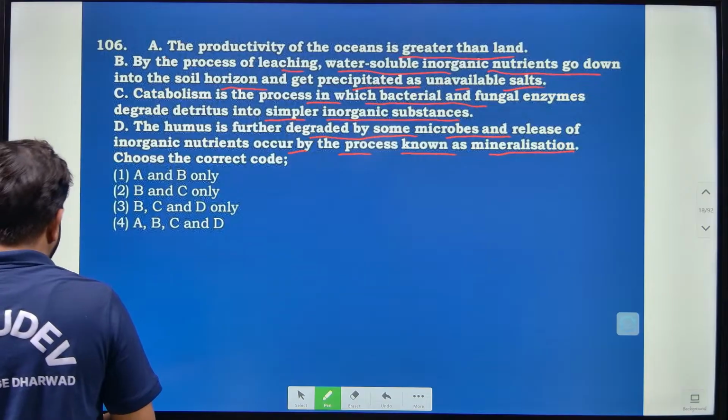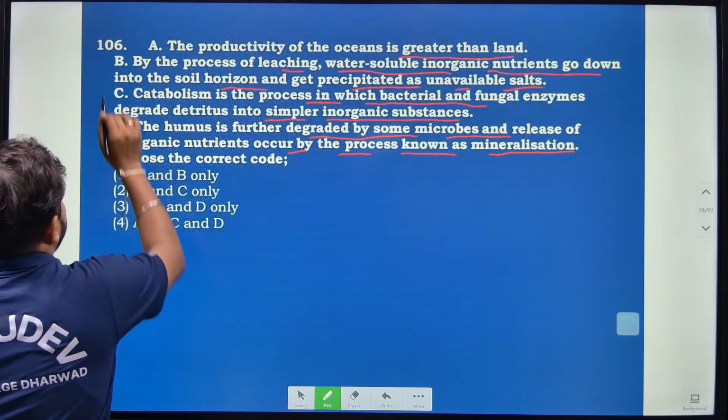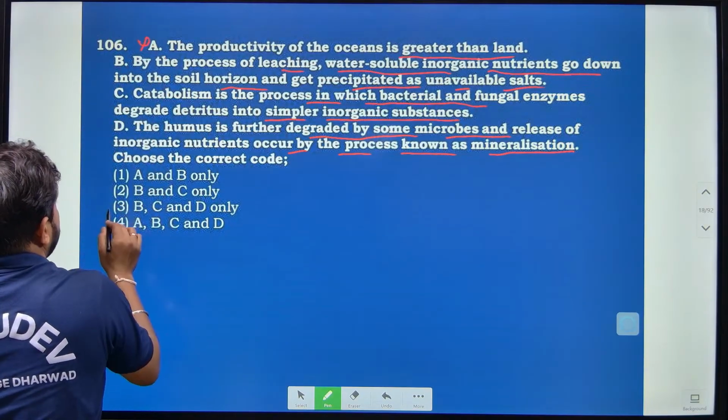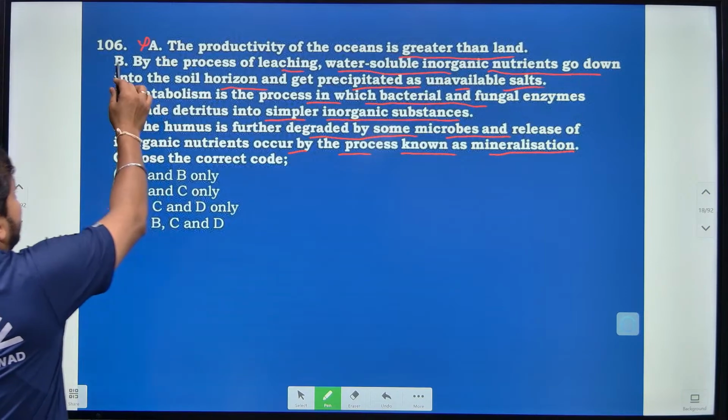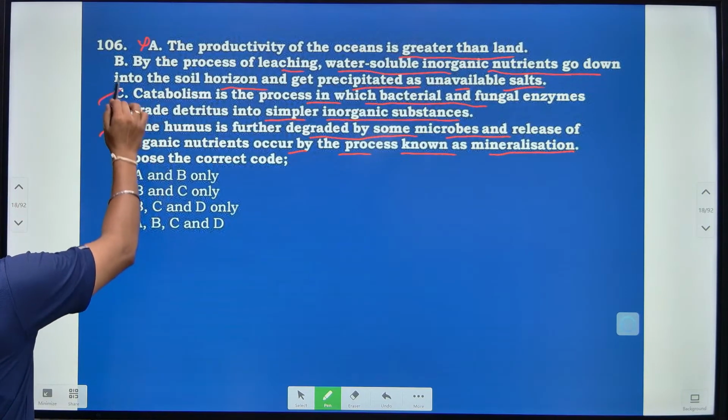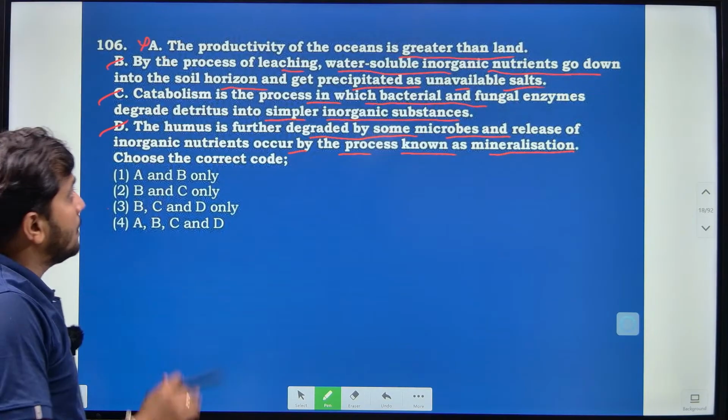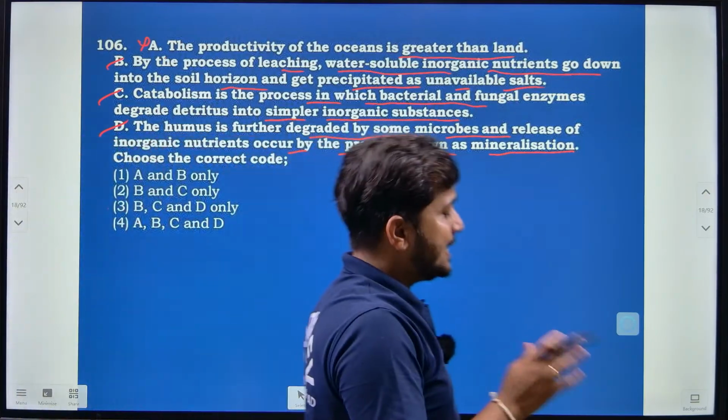According to that, leaving A, the remaining B, C and D are correct, because they say the productivity of the ocean is greater than land.